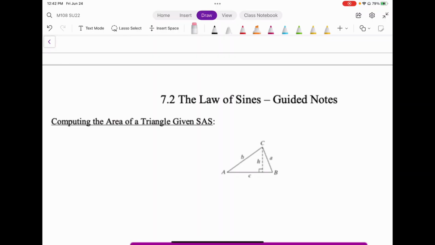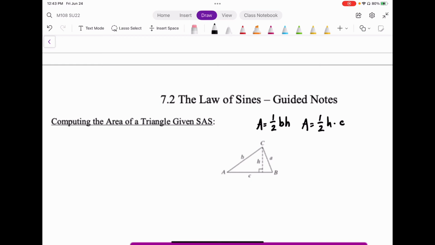When you have the law of sines, you can calculate the area of the triangle using a formula other than just area equals 1/2 base times height. That's 1/2 the altitude times the base, which we have labeled C. What if we don't know H? What if we have other angle measurements instead?